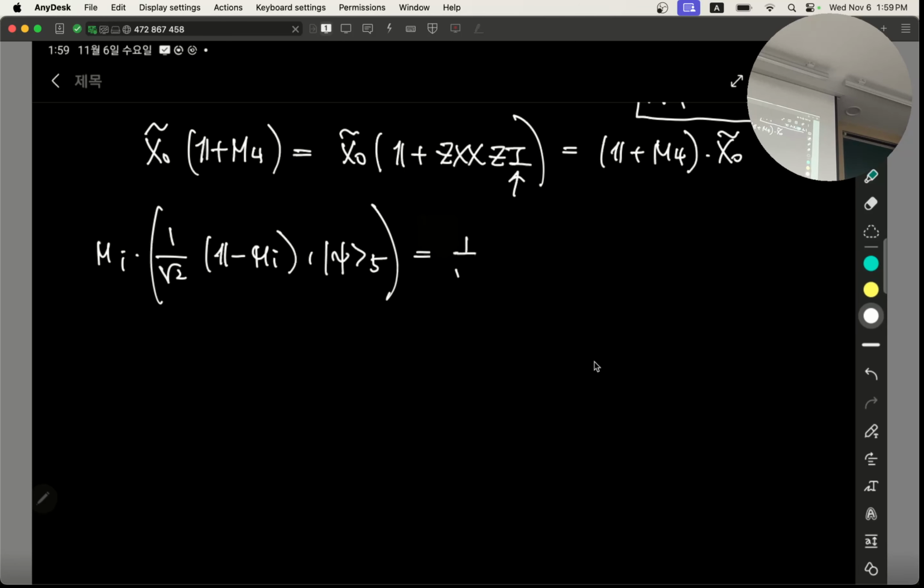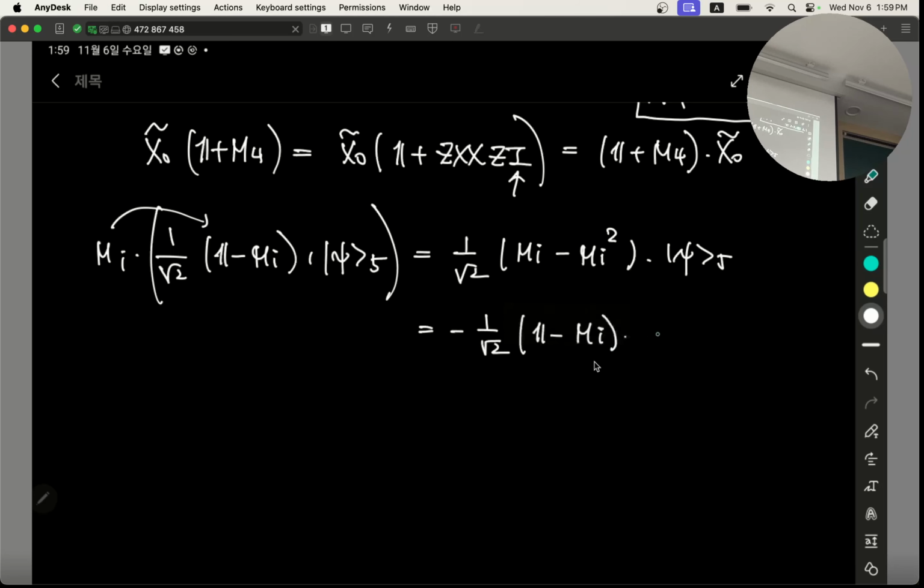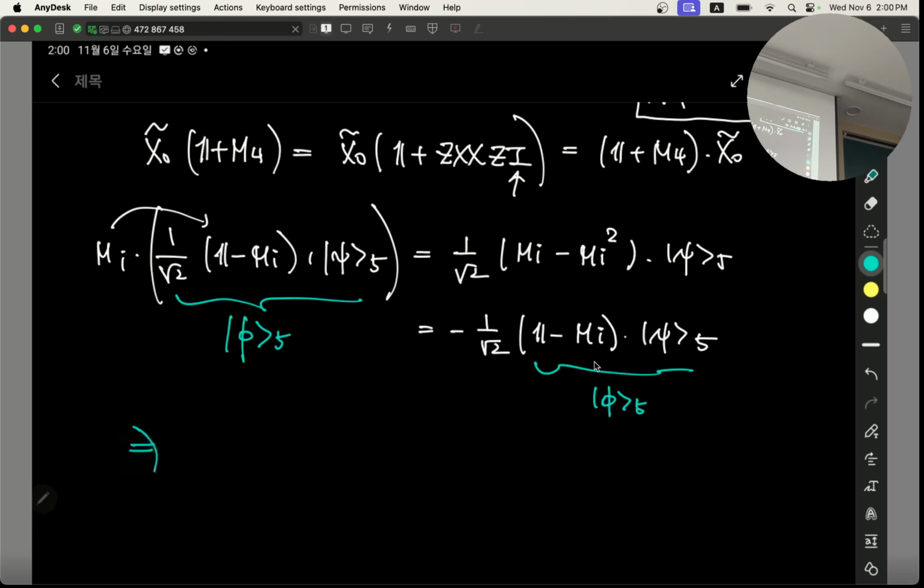This is the same as multiplying mi inside here. I get mi minus mi squared psi. So this equals minus 1 over square root of 2, 1 minus mi. If I take this entire thing as some phi state, then phi is an eigenstate, but its eigenvalue is minus 1.